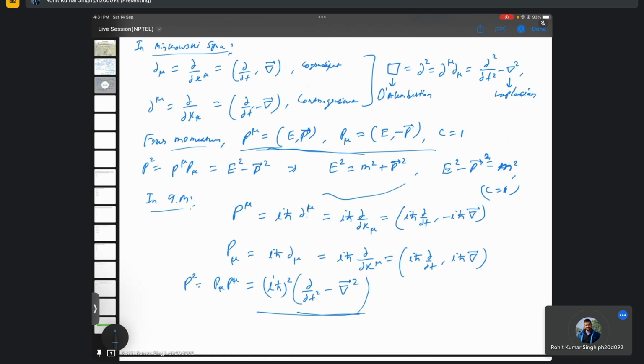So it is simply (iħ) square, and this is our D'Alembertian that we defined, or you can write it like this.